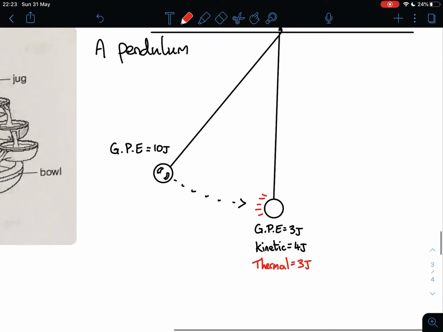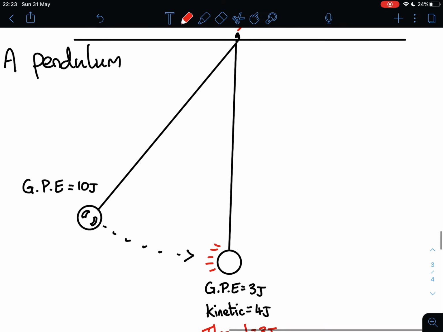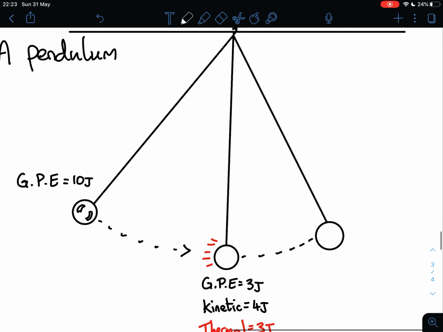So what happens when the ball swings to the other side? Well, it doesn't swing as high. This is why things always wind down. So if I draw my next ball, it doesn't go as high as the previous time. It's lower. So as it moves this way, now, not 10 GPE, it'll only have, say, 7 joules.